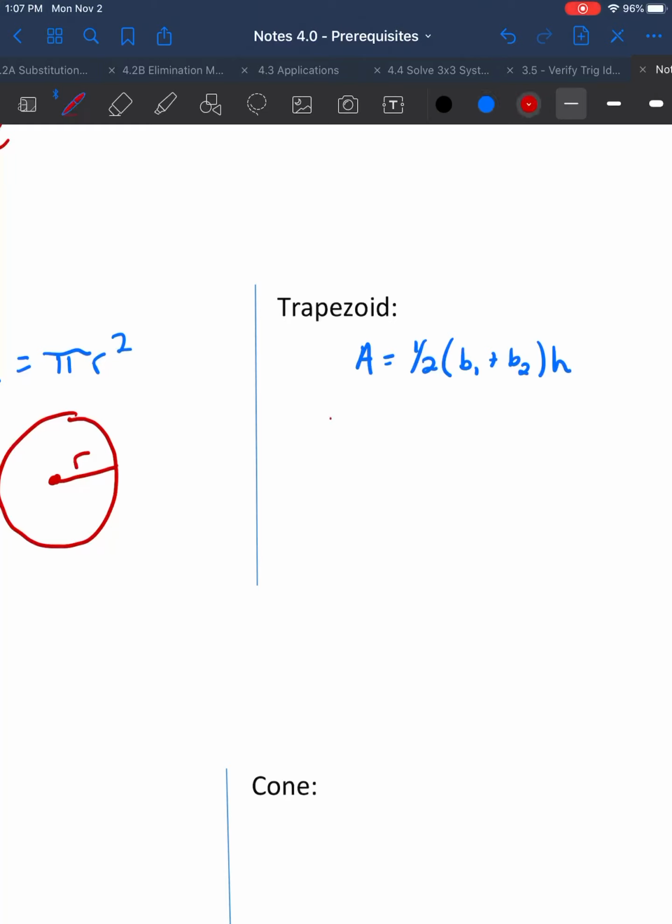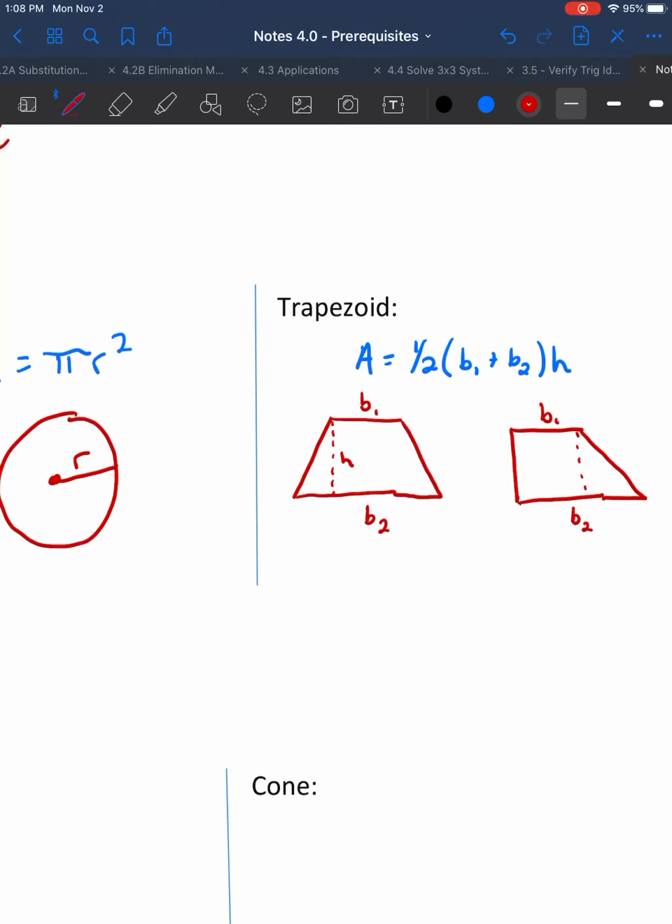You find the average base length and multiply it by the height. And a trapezoid can look like this as well. You still have base 1, base 2, and your height.